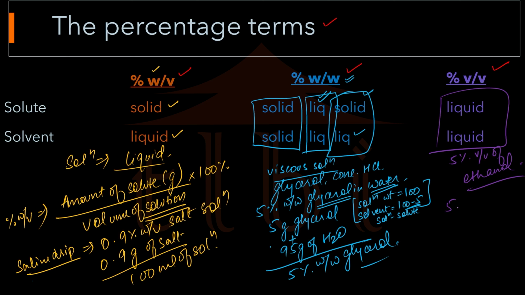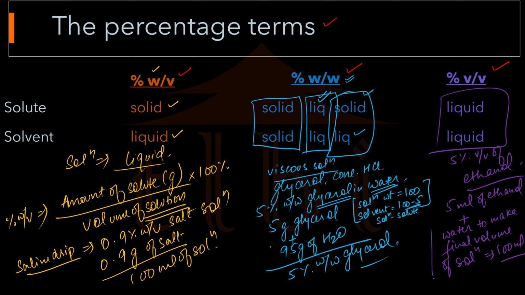So for that you take 5 ml of ethanol, right? And you add water to make the final volume of solution, how much? 100 ml.